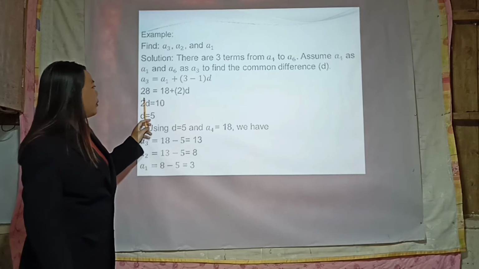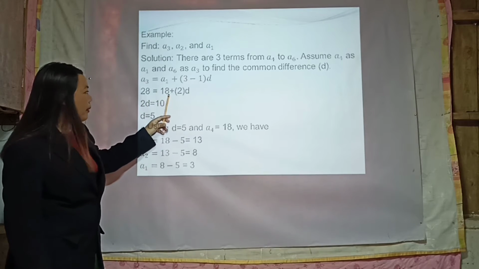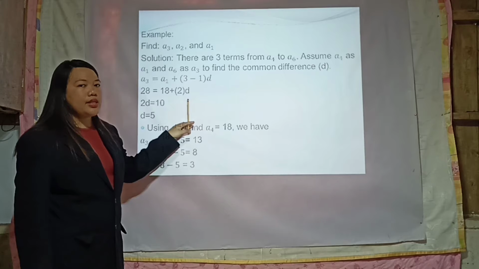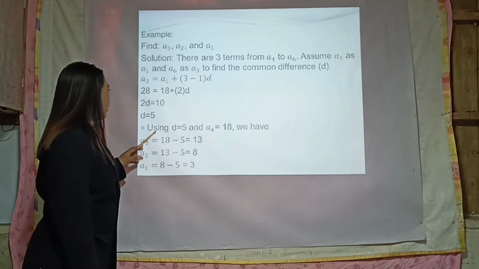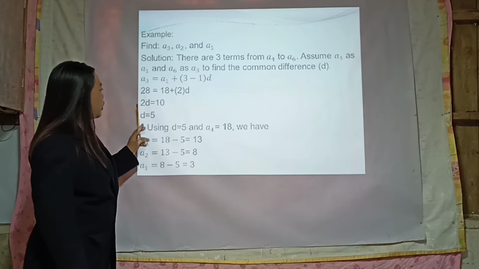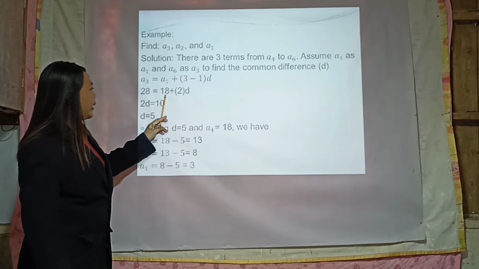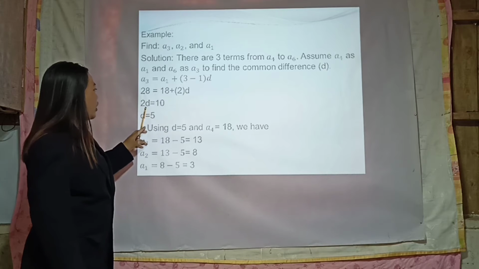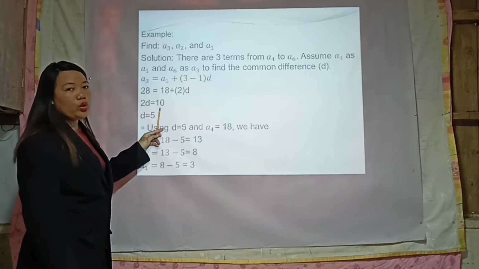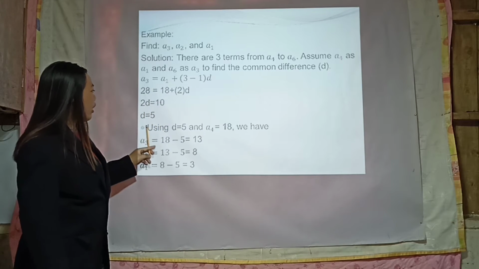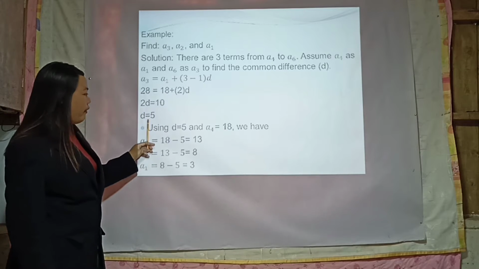So 28 is equal to 18 plus 2 times the common difference. So it becomes 2d is equal to 28 minus 18, which is 10. So 10 divided by 2 is equal to 5. Therefore, the common difference is 5.